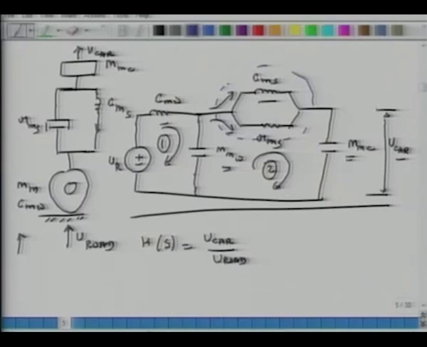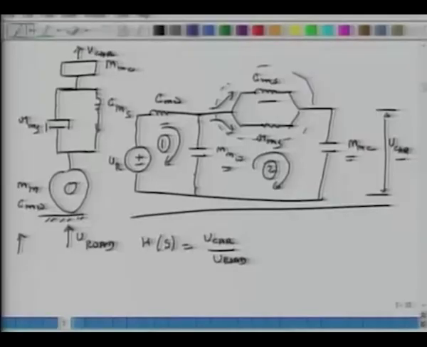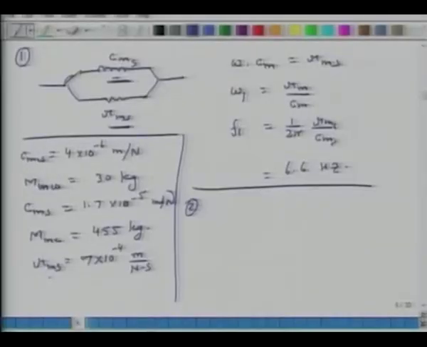The impedance offered by CMS is j omega times CMS, and the impedance offered by the capacitor is 1 over j omega MMC, right. So they are out of phase, but as omega grows, there will be a point when they are equal and cancel each other.